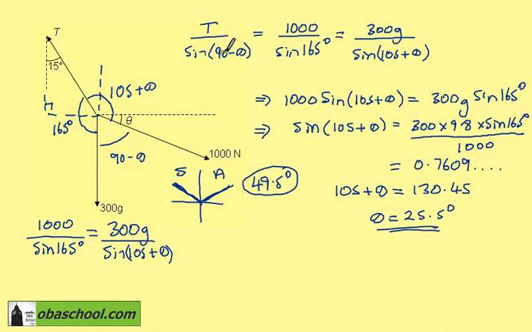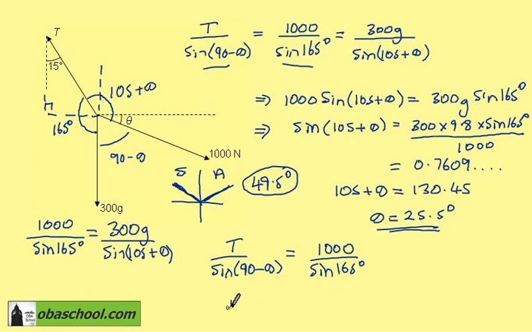We can now go ahead and find T. Let's use this one and this one. So we have T over sine 90 minus theta, but of course we now know the value of theta, is equal to 1000 over the sine of 165 degrees.